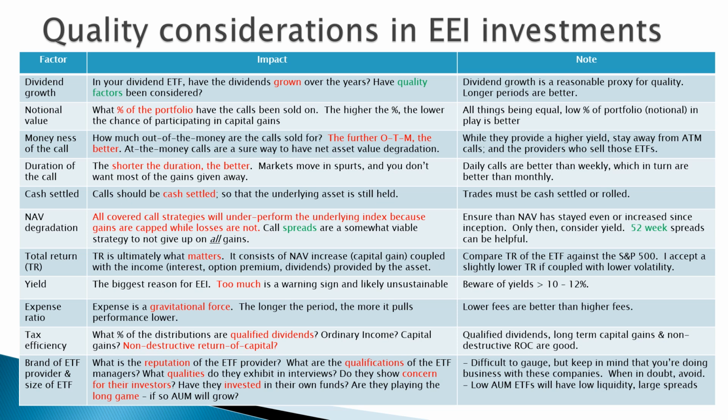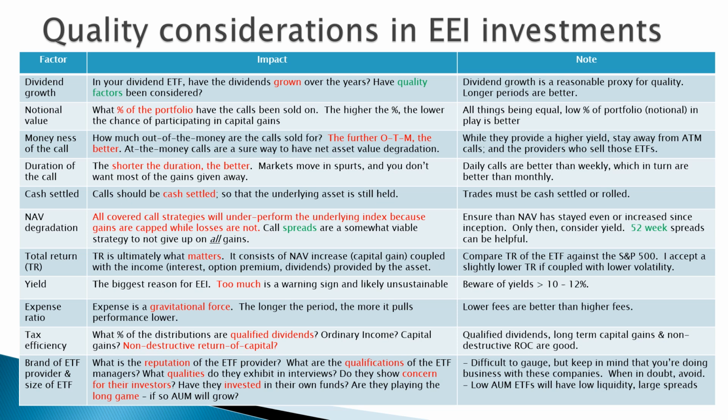At the money call ETFs are, in my view, a very sure way to have net asset value degradation. So I am very careful of very high yields. And even out of the money covered call ETFs that I own, which gave very high dividends, I watch them like a hawk.